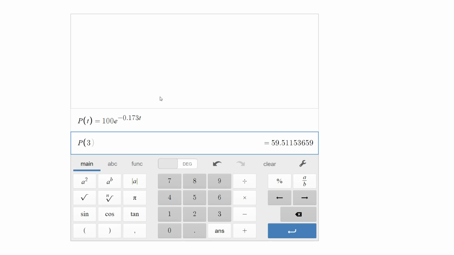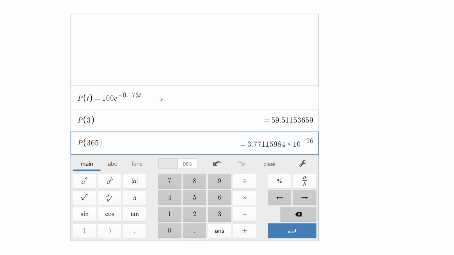And after 365 days, so P of 365, well, look at that. Hardly any left, right? This is 3.8 times 10 to the negative 26th power. That's essentially zero for the most part. Very, very small number. So it's all depleted at that time.